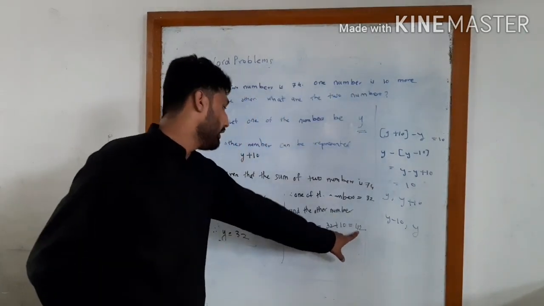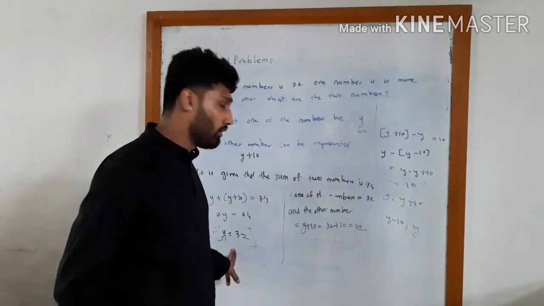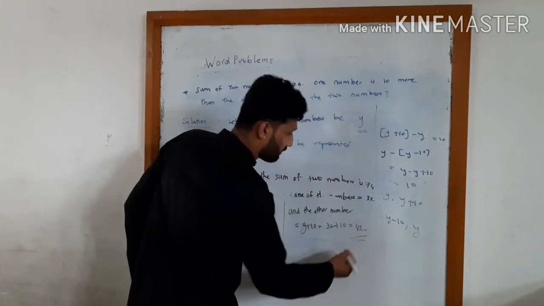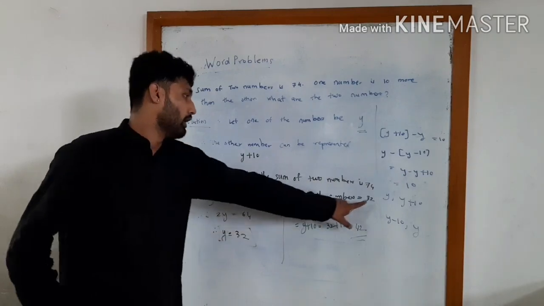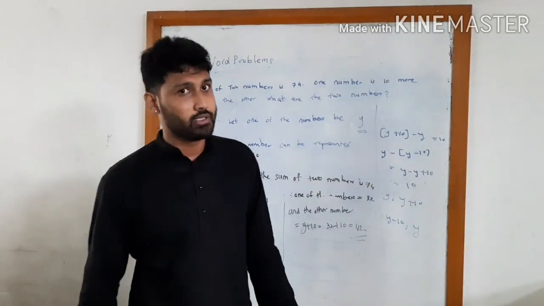And if you add 42 and 32, you will get 74. So your answer is correct. So 32, 42 are the two numbers which you want.